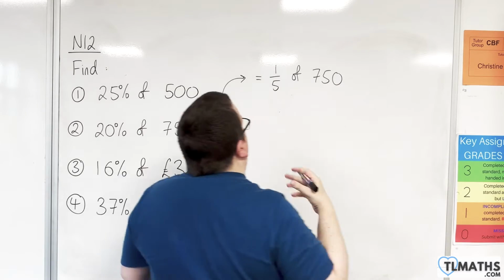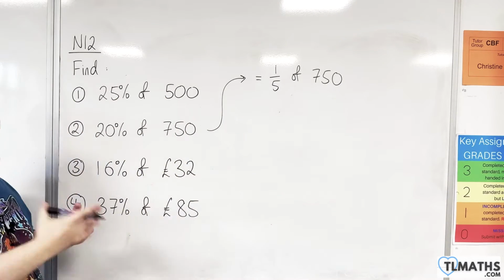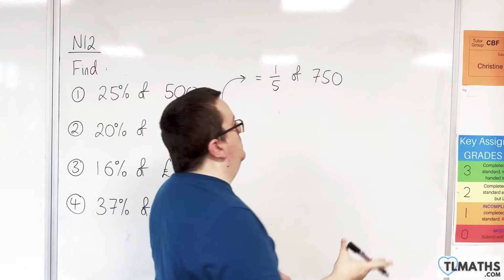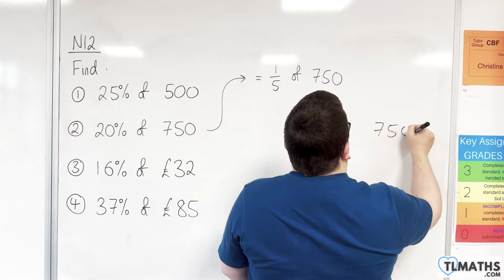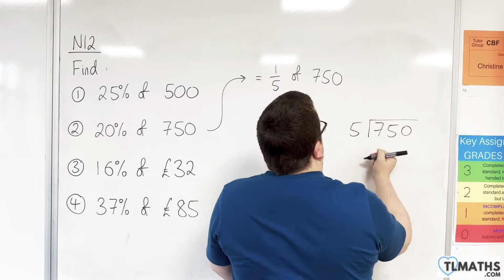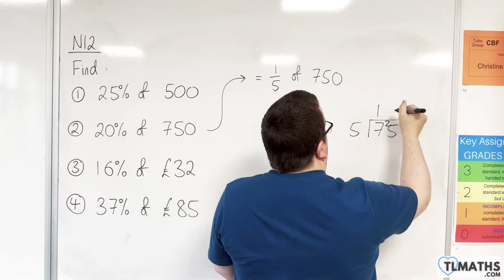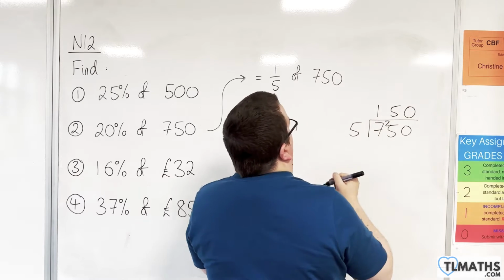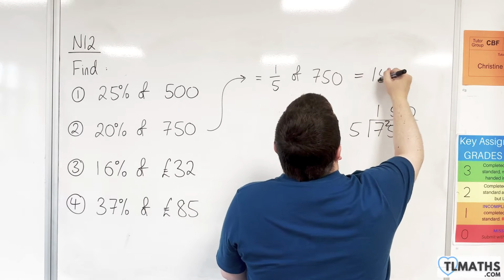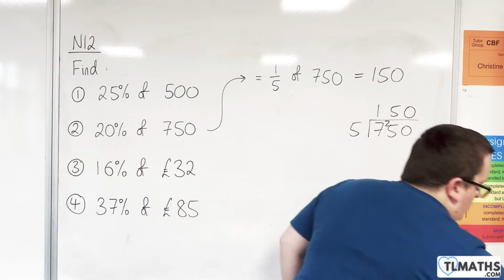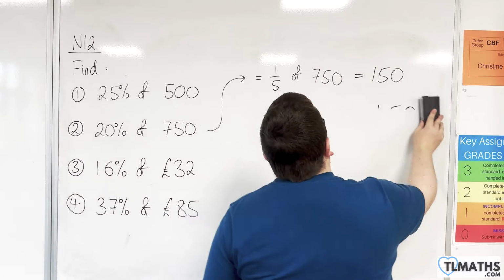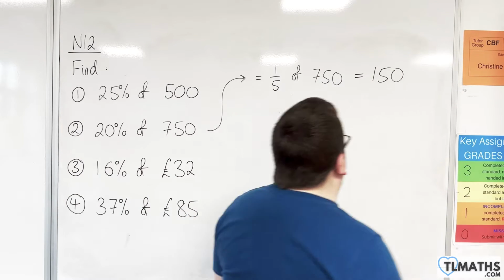Now, all I need to do then is do 750 divided by 5. So 5s into 7 goes once, remainder 2. 5s into 25 are 5, remainder 0. So it's 150. Okay, so that's my answer. That's probably the easiest way through.